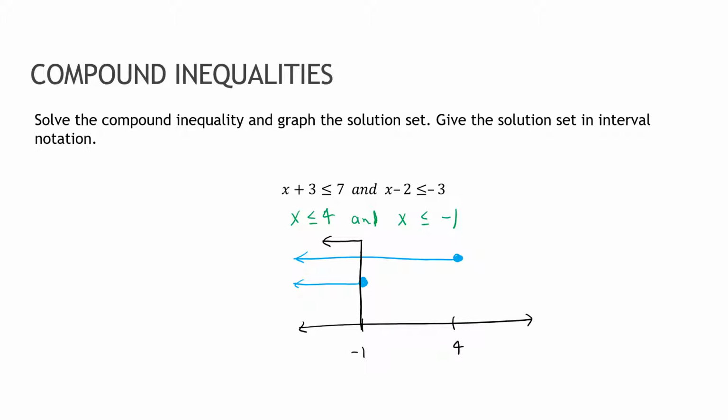So what does that look like in interval notation? It would be the left-hand side, -infinity, all the way up to -1 and including -1. So that would be -infinity, comma, -1 with a closed bracket, because both of these have -1 shaded.